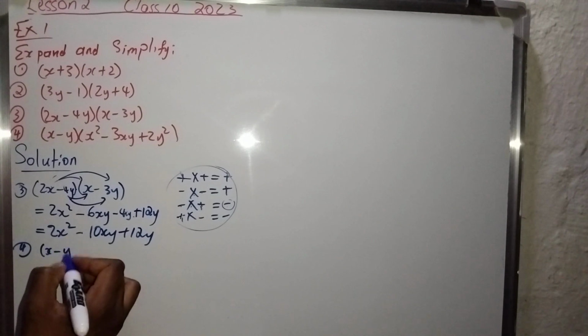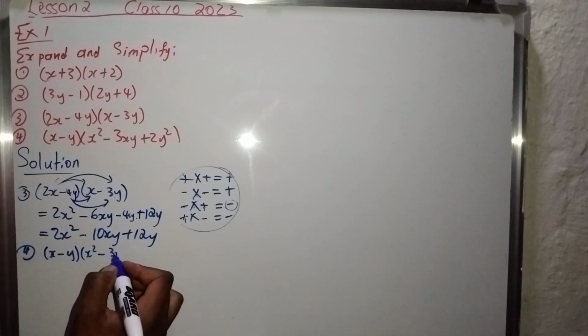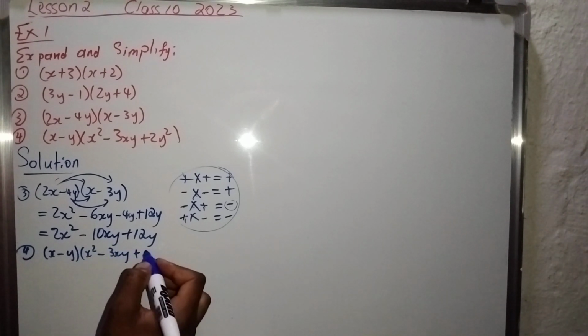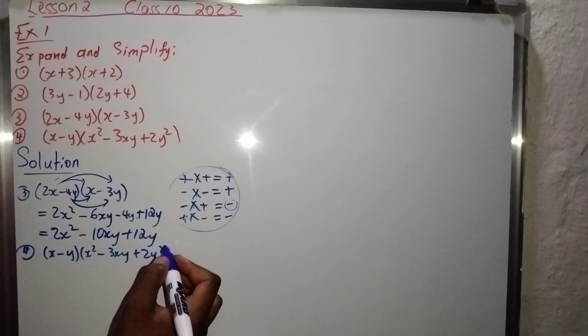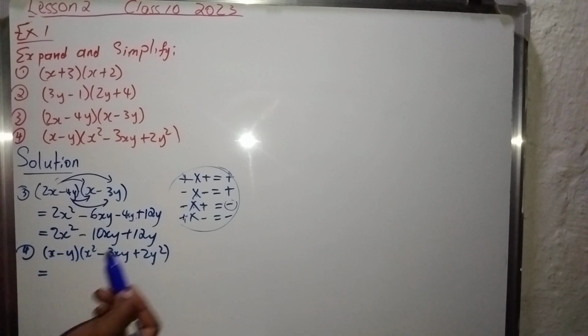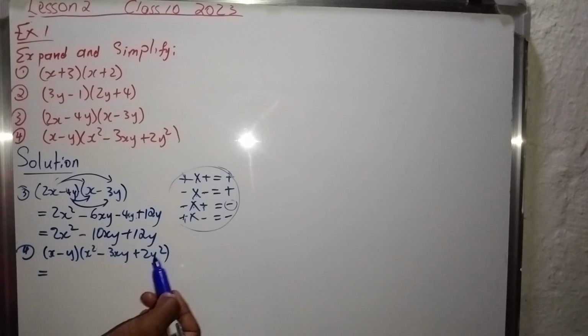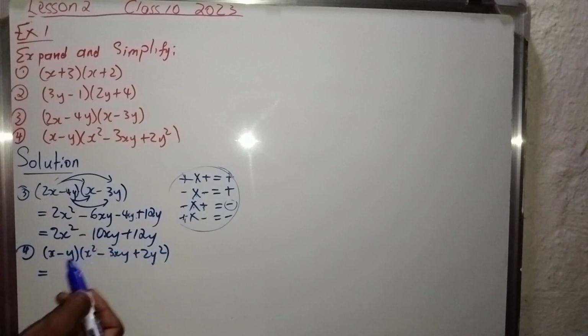So let's look at this one together. So here we have x squared minus 3xy plus 2y squared. And this one, it's easy, guys, because we're going to take the first term here and multiply these brackets. We take the second one, we also multiply these brackets, and we take the last one and do the same. Let's go together.